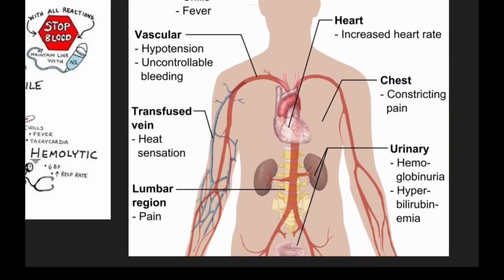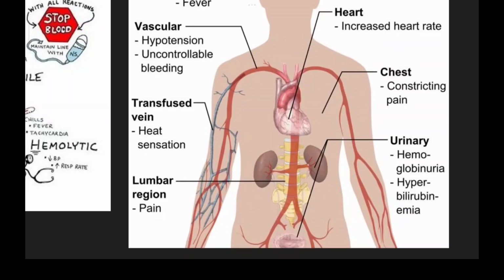Vascular, there might be hypotension, that is low blood pressure, and uncontrolled internal bleeding, which shows as purpura. At the transfused vein, a heat sensation is observed, and that is when you observe the fever. Lumbar pain, which is pain in the back. Urinary, it is related to hemoglobinuria, that is blood in the urine.